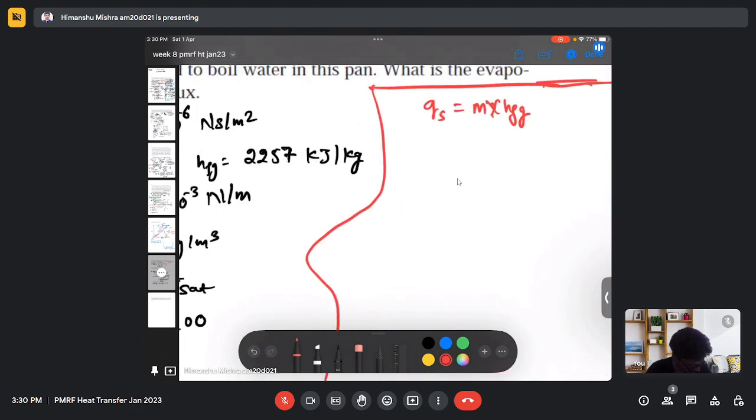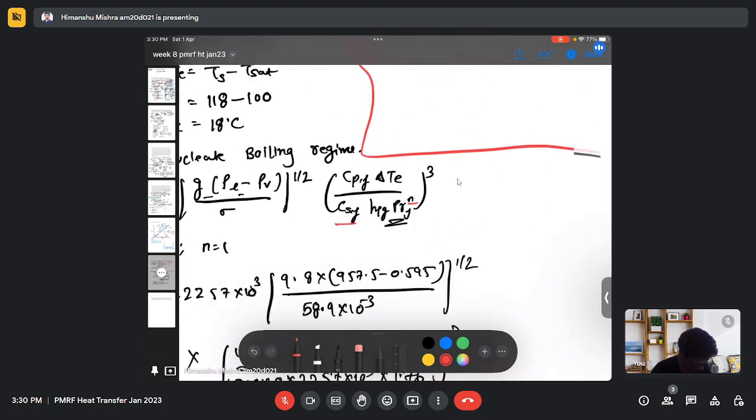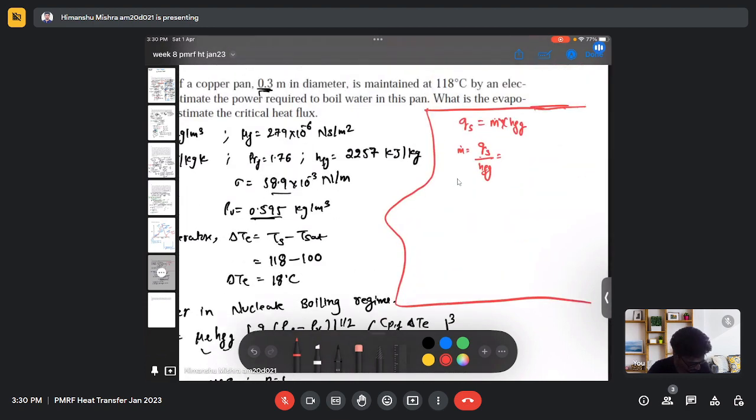So we need to find the evaporation rate, which means we need to find the mass here, the total mass flow rate of evaporation. And we already found the total heat transfer required for the boiling, and that total heat will evaporate the remaining liquid at the top. So my heat transfer, which we found, is 59.1 kilowatt.